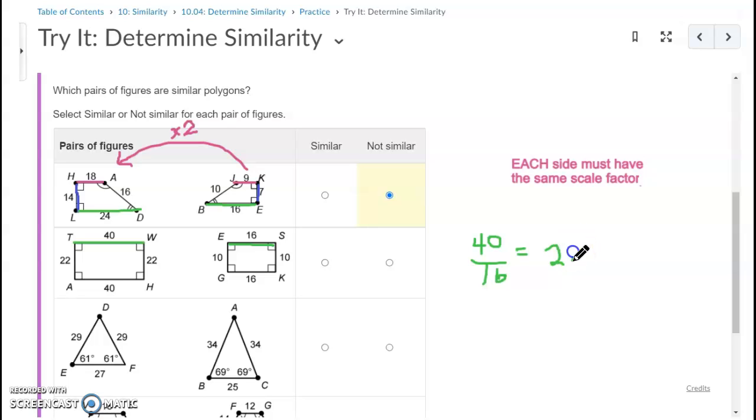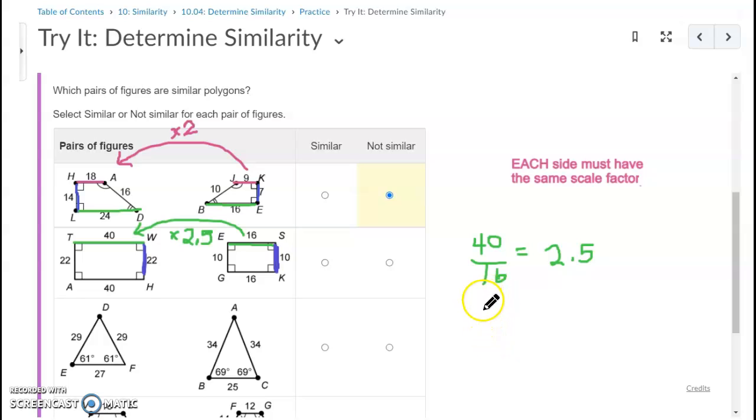So the scale factor for the second rectangle is supposed to be 2.5, at least for the one that I checked first. And I need to make sure that it works for the other side as well. So these aren't necessarily reflections again, but we can see that side 10 should be corresponding to 22.